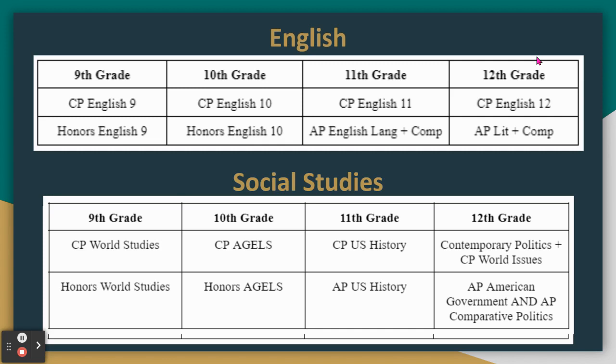Our English classes, you can see obviously 9th, 10th, 11th, and 12th grade English are all requirements. In social studies, we also have the 4 years that are required: world studies, AGELs, US history, and a senior government course.